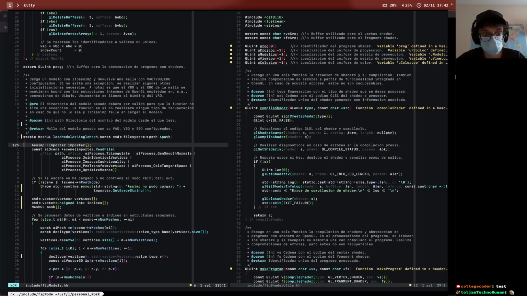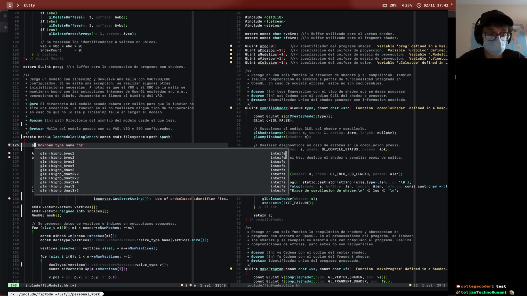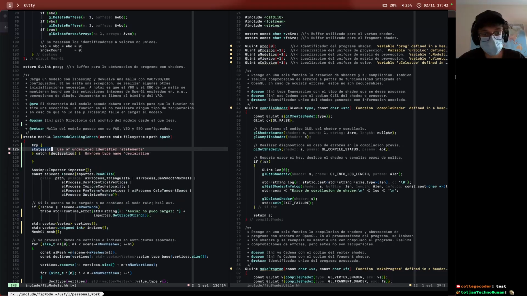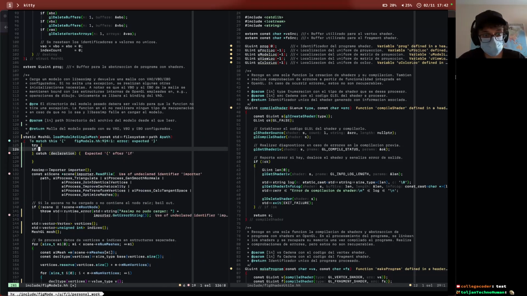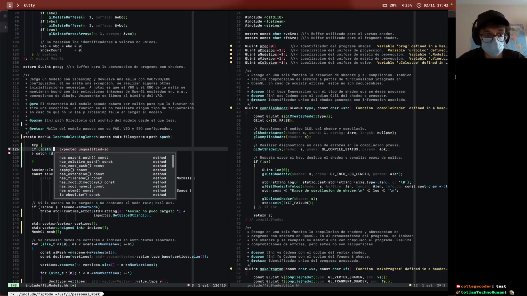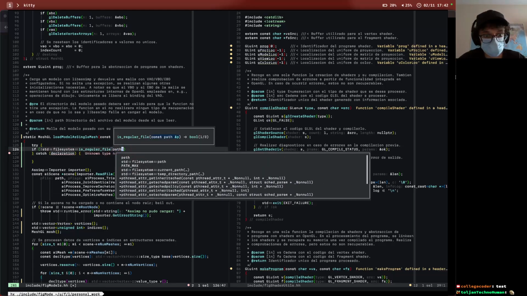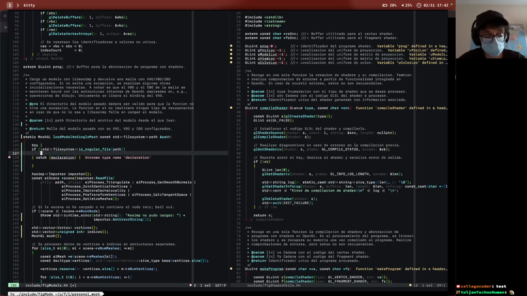I do believe I have to perform the check, so the usual: make the try, take path, or rather, take if path is regular file. We're going to throw a filesystem error.